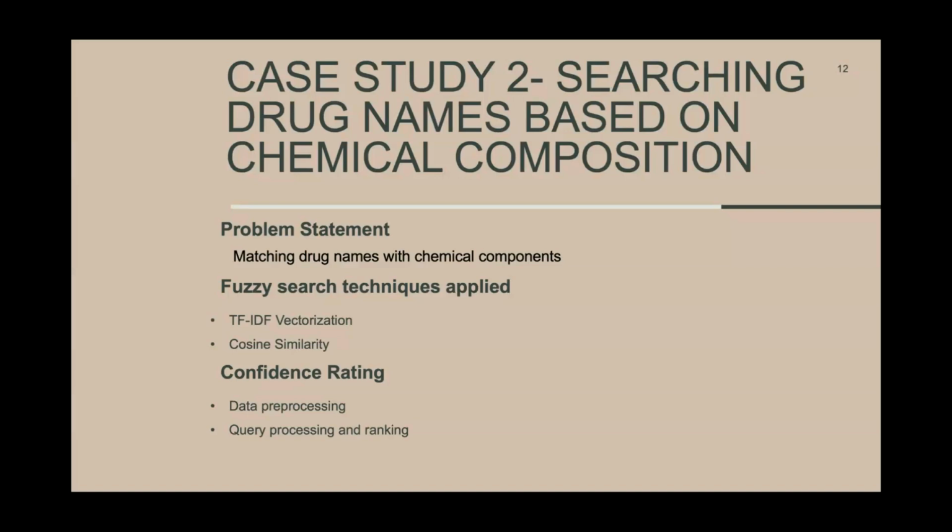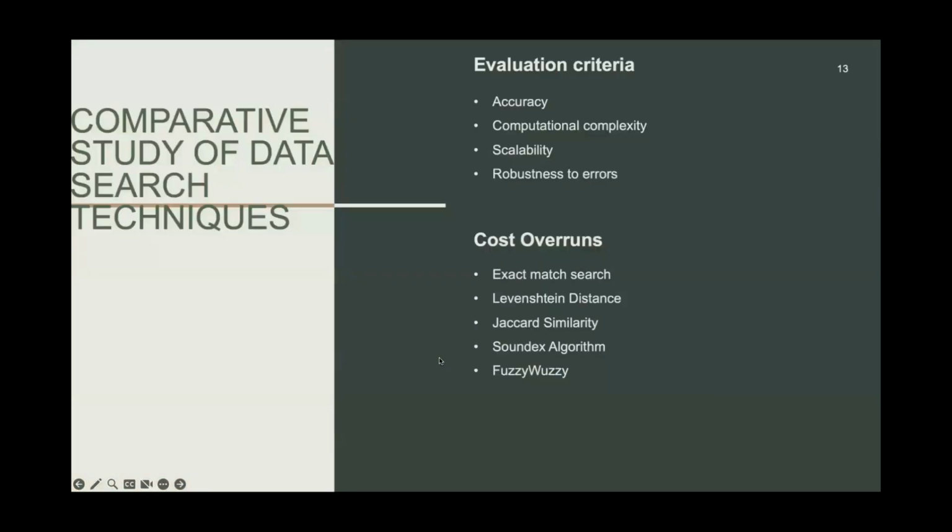So we did a comparative study as well. For Levenshtein distance, what we found was that it offered higher accuracy by capturing minor typographical errors. It is very computationally intensive, and it has moderate scalability, and it may require optimization for handling very large data sets.